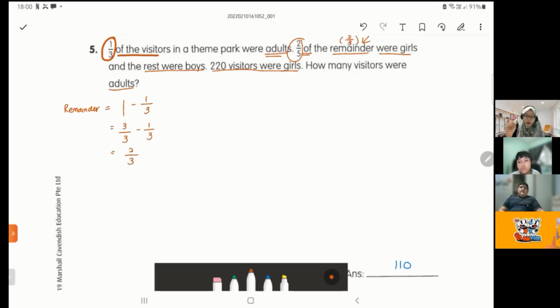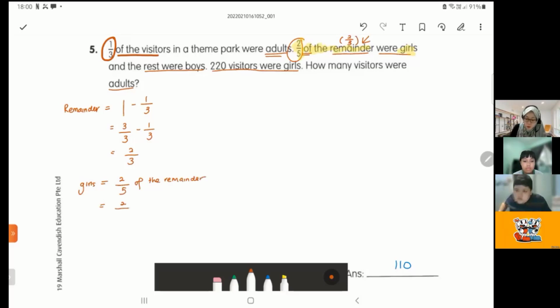Right now, can I find the fraction who were girls? 2/5 of the remainder were girls. I can find my girls, right? So to find my girls, it is 2/5 of the remainder.